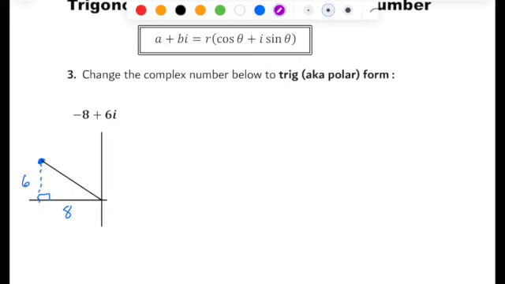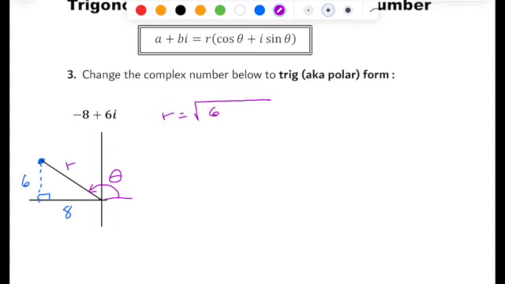The two things I need to find are r, which is the hypotenuse, and theta, which is this angle right there. Just keep that in mind. Those are your two goals. Now, this is not a unit circle triangle, so hopefully you recognize that pretty quickly. So even though I started from a geometry standpoint, I'm really relying on the formulas at this point.